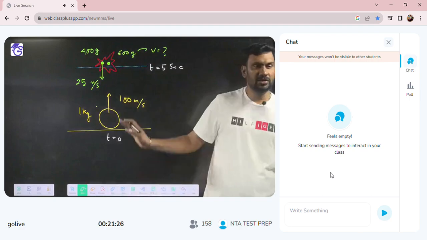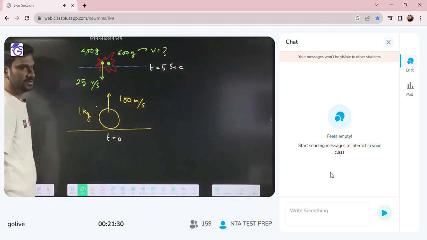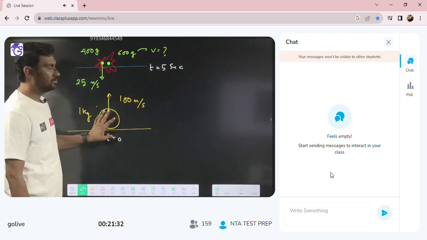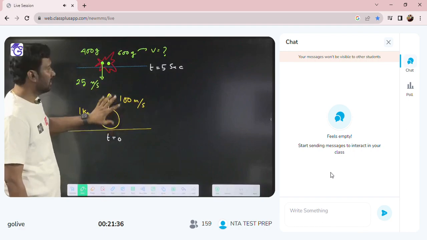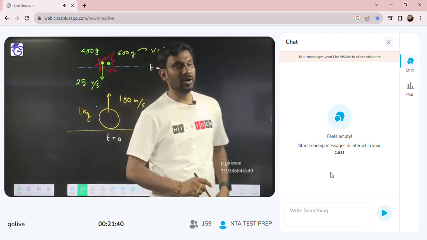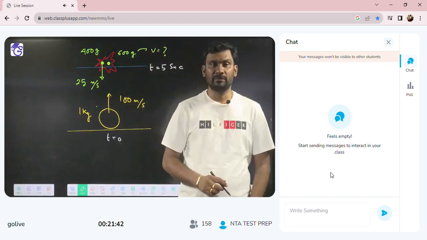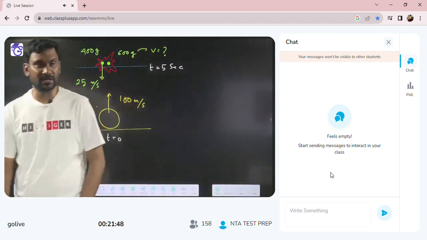If you look at this question, boys and girls, it is again based on momentum conservation. Momentum will be conserved here, because the explosion is not taking place on the ground, it is taking place in mid-air. Manas, 150 meter, but no, wrong answer. I will wait a couple of minutes before you give me an answer.